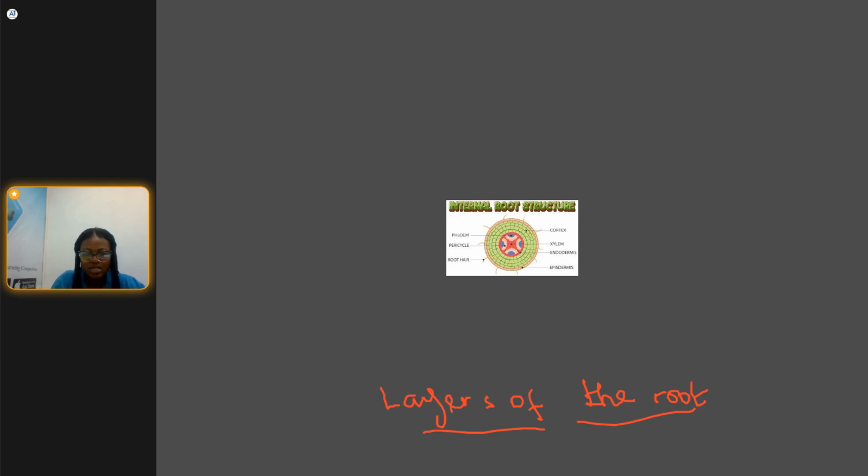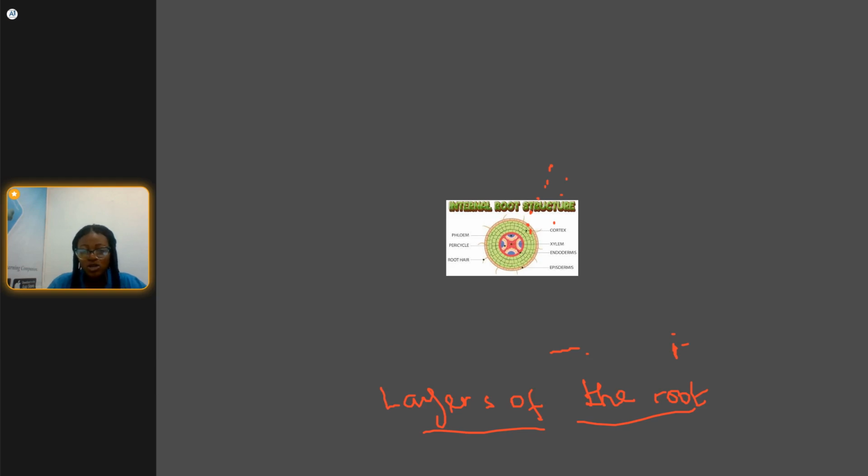You can see the way it is round, round, round. We have 1, 2, 3, 4, 5, 6, 7, so they are in layers. The outer layer is called the epidermis. That is the name of the outer layer.